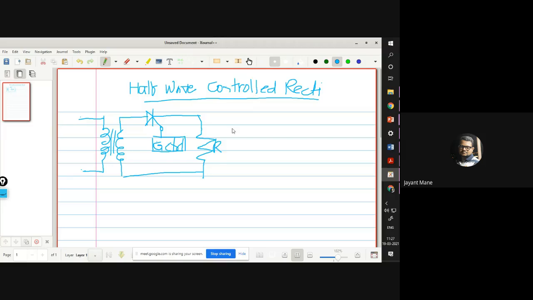For R load, the input is here, Vs. Output is taken here, V0.